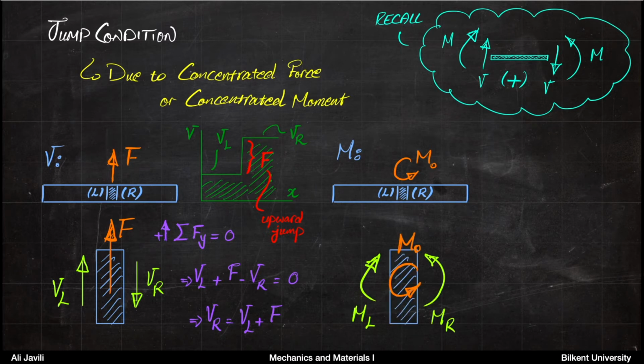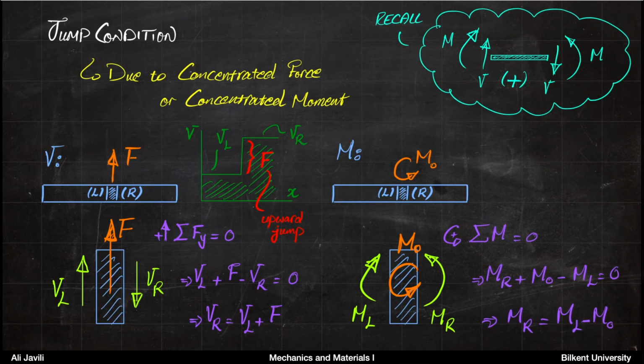We do exactly the same thing. We enlarge that piece, but now we write equilibrium equations for the moment. In this case, the equilibrium equation would be the balance of moments, basically. If you do that, you can say the sum of moments is 0.